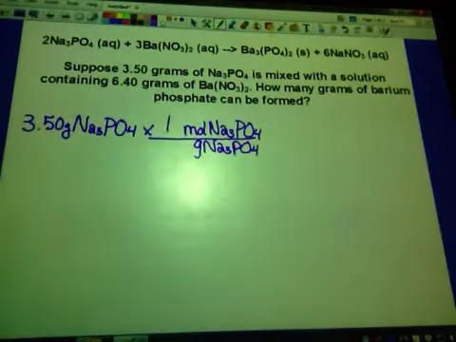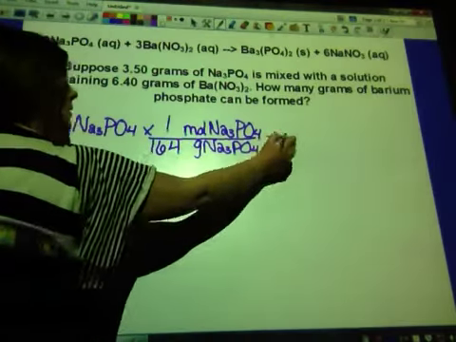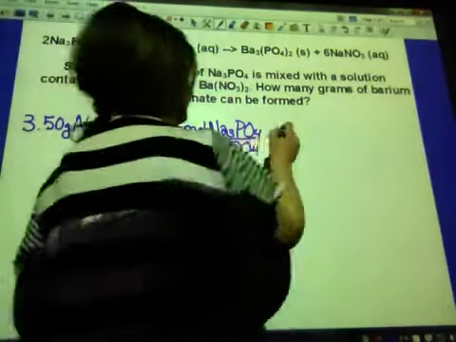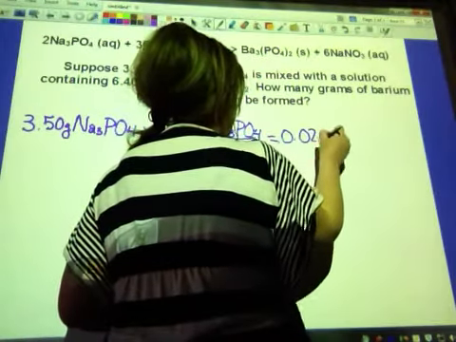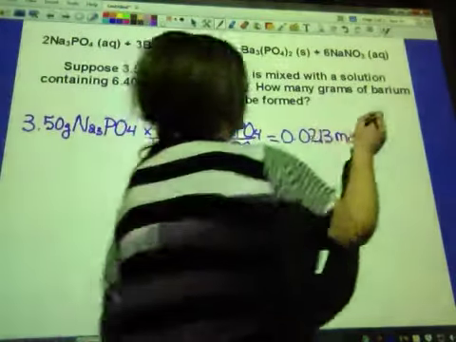I know in every 1 mole of sodium phosphate, there's 164 grams. So if I take 3.5 divided by 164, I should get 0.0213. That's moles of sodium phosphate.